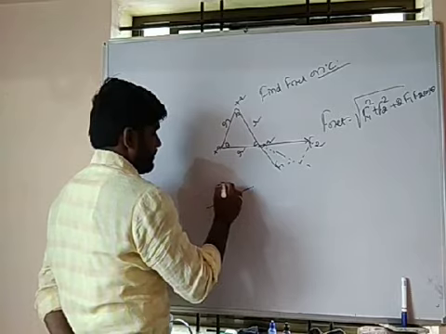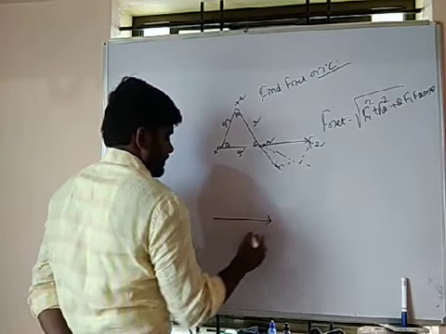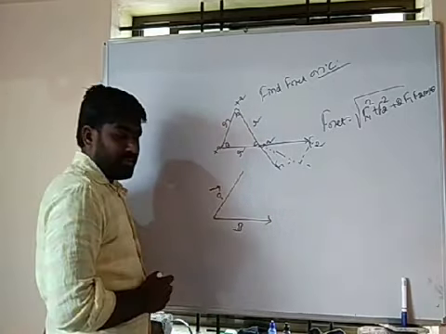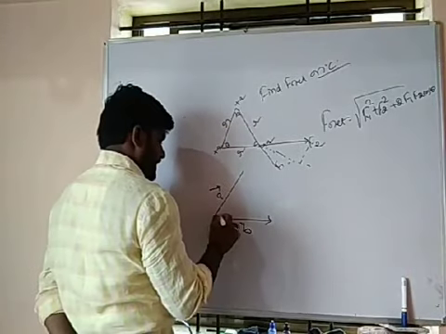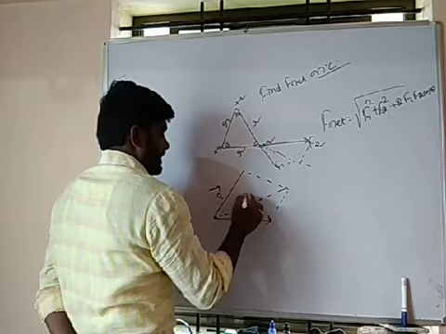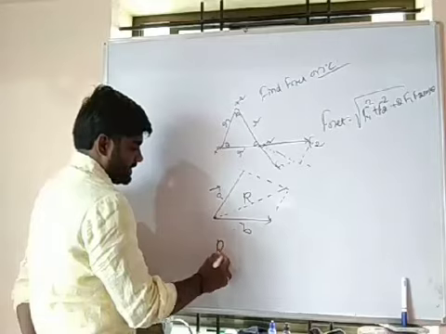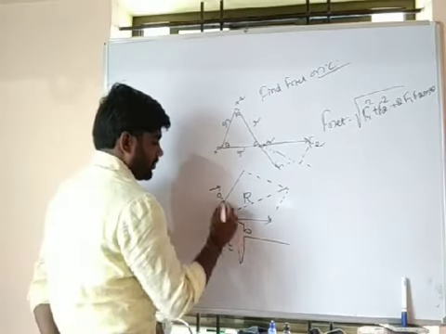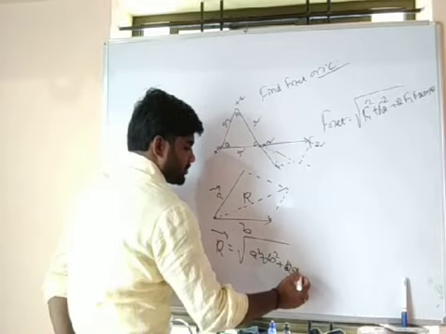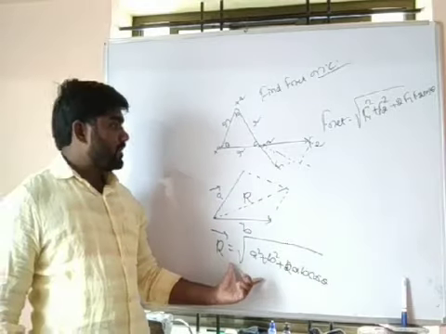If it is a vector A and this is your vector B, and I want to calculate the resultant of these vectors, your answer will be R is equal to root of A square plus B square plus 2AB cos theta. So this formula we have to use here.